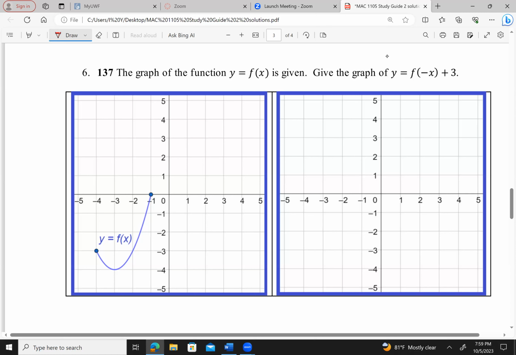We did horizontal shift, which we don't have. Then we did shrink, which we don't have. Then we did reflection. So first we're going to reflect this.